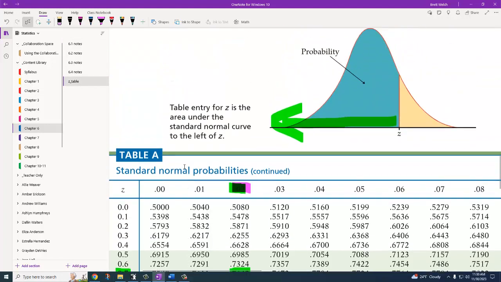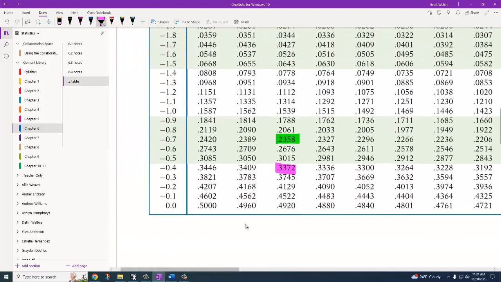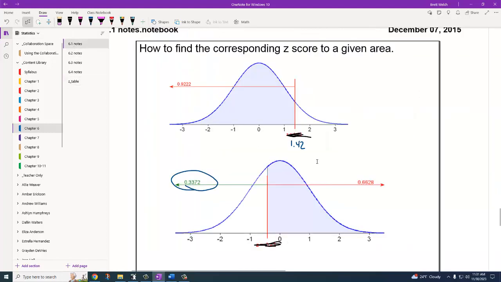These are all smaller than 50, so I'm going to go to the negative side. 3372 right there, which makes it, let's see, negative 0.42. And so we could come up with the z-score for a problem like that. Negative 0.42.